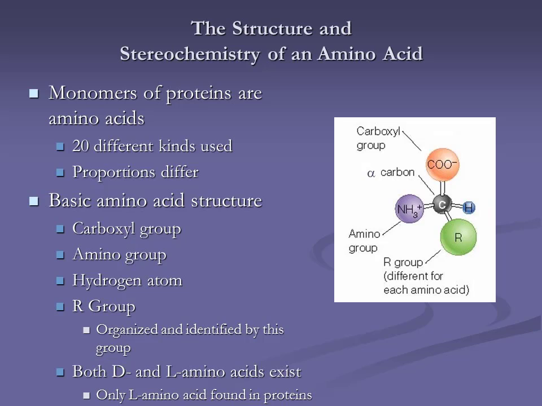If the R group determines the property, and I'm telling you this amino acid is hydrophobic, what can you already assume about that R group? What's it composed of? Hydrocarbons. Hydrocarbons, exactly. And the number of carbons is going to determine which amino acid it is.